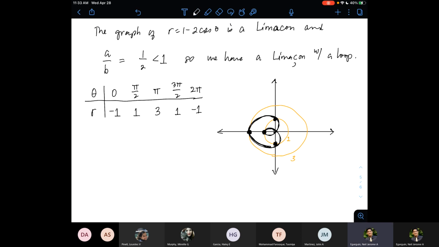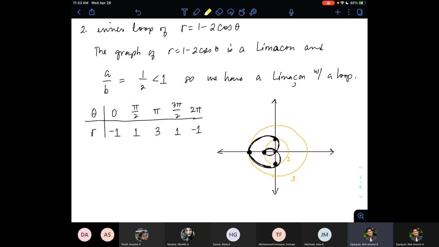Okay, so that's your limaçon with a loop, and we're looking for the area of the region inside the inner loop. So that means that region. So the thing here is we will be looking at what is the angular span within this region, right?